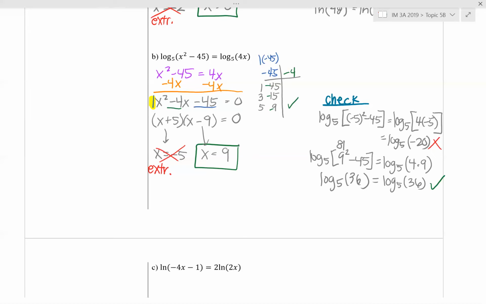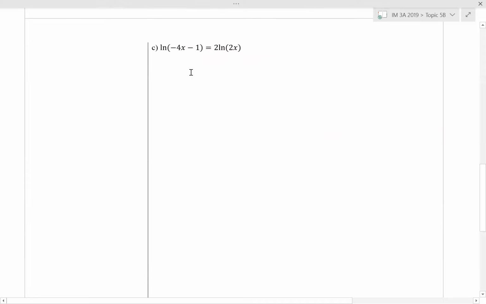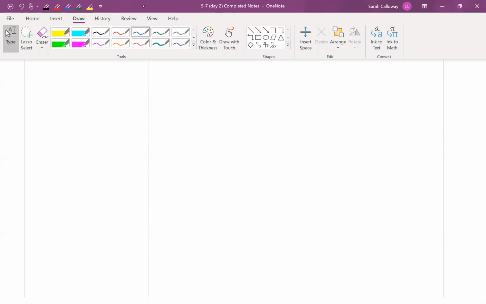For our final problem, on the backside we've got ln of -4x minus 1 is equal to 2 ln of 2x. What is different about this problem is that I don't have just a log equal to a log. So I do need to use the power property in order to isolate my log.